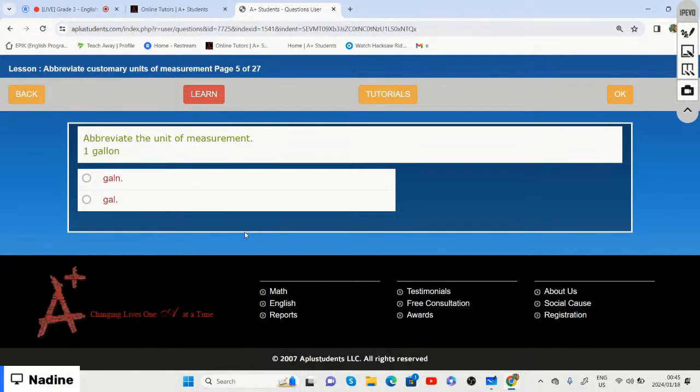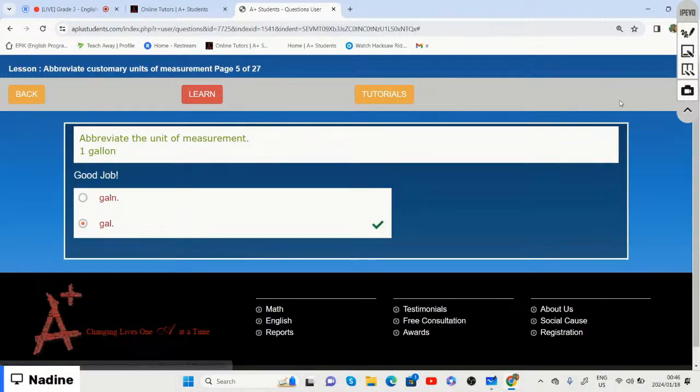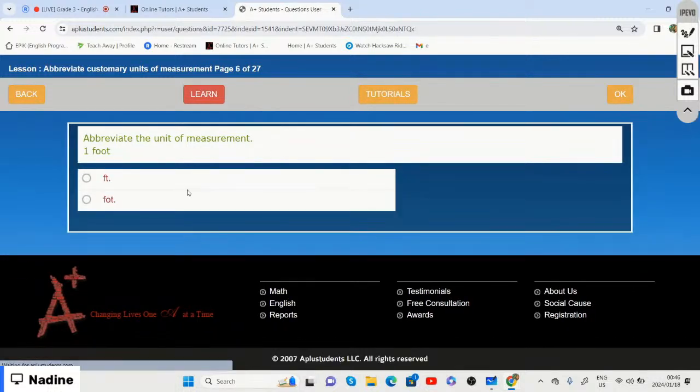So gallons, let's quickly go with the second option. And the second option is correct.